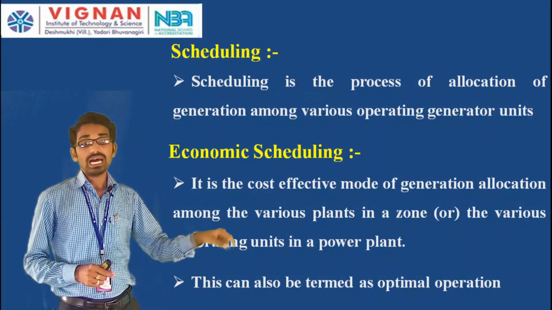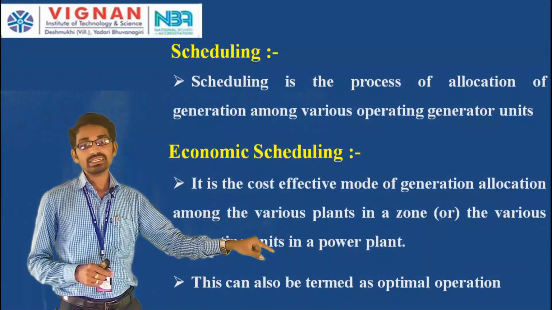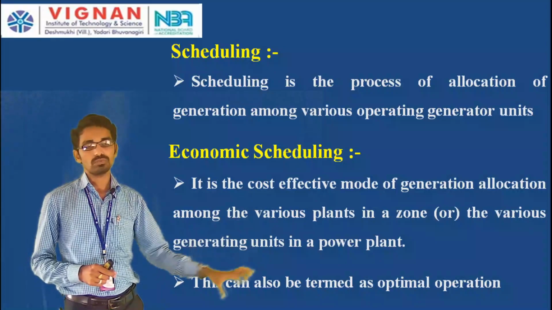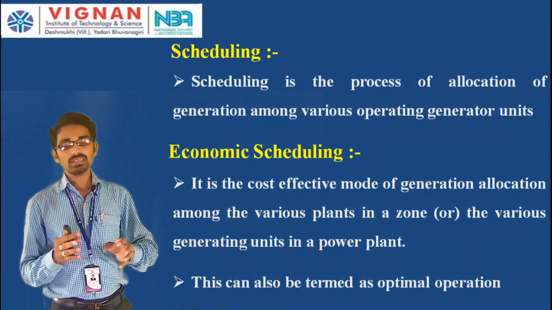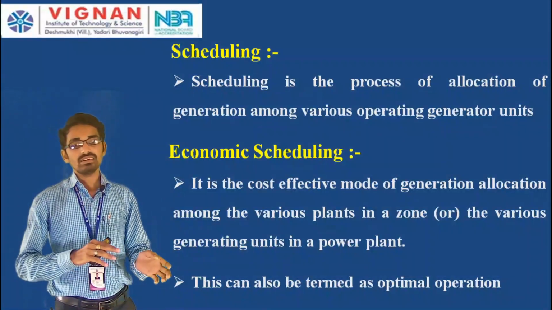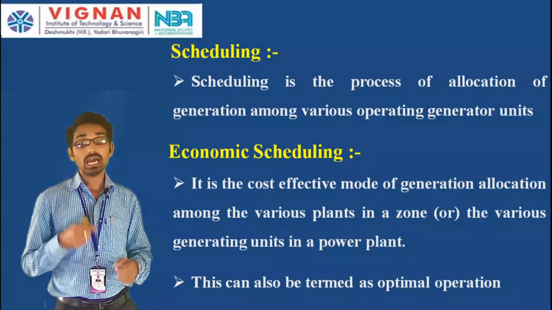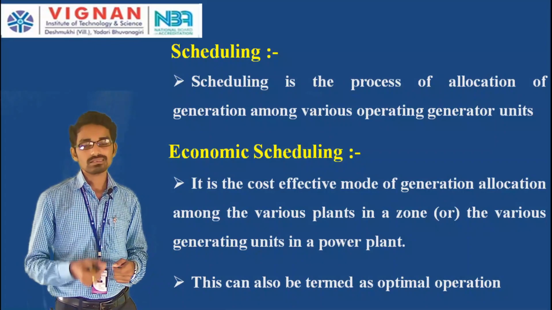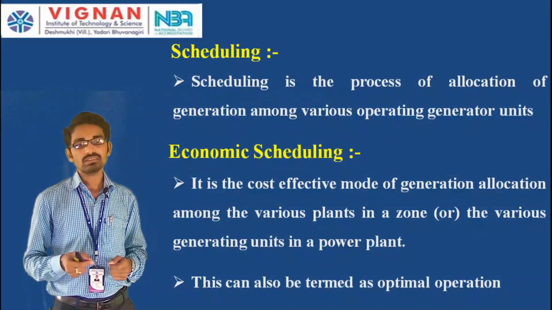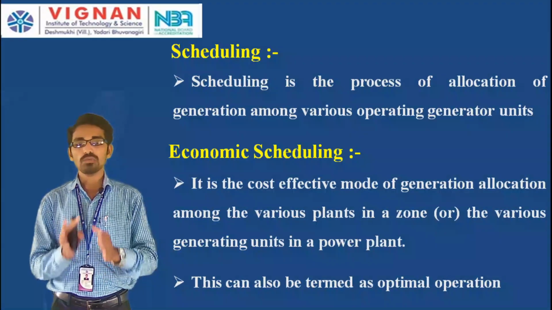So, you need to allocate less load to those older generating units. Whereas the recently installed generating units, which have high efficiency and less cost of generation, you need to allocate more of the load.